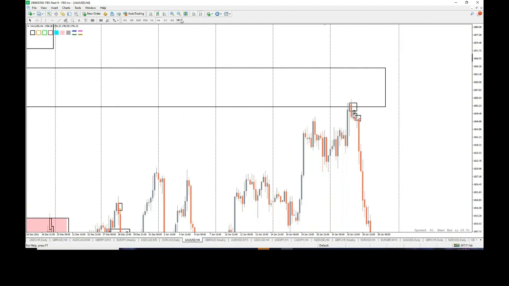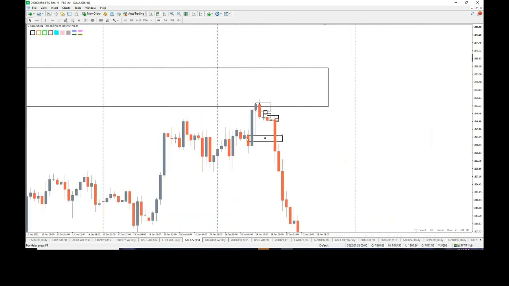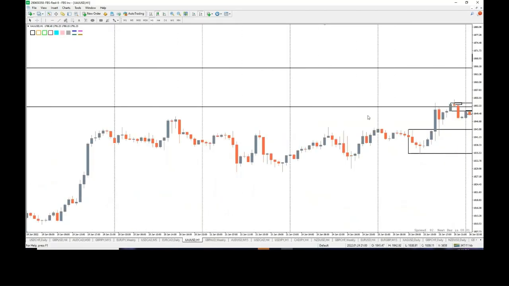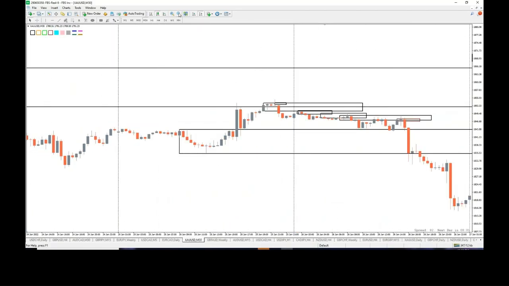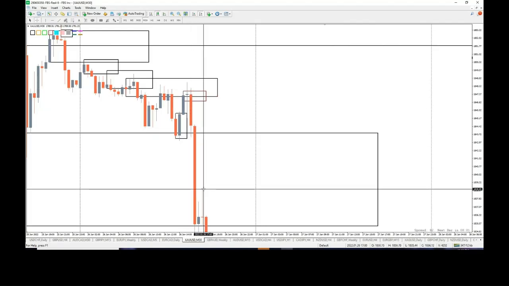So this is the H4 setup, right? I have to TP on this zone because the price might reverse and go up again. So I go to H1 for entry. That's a confirmation for buy. But why is it going back down?